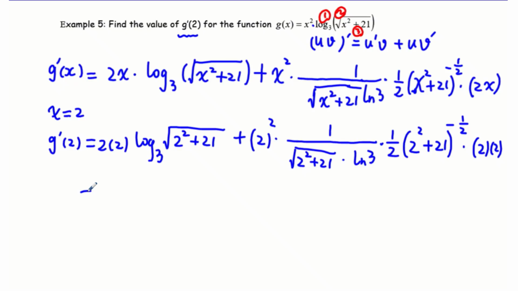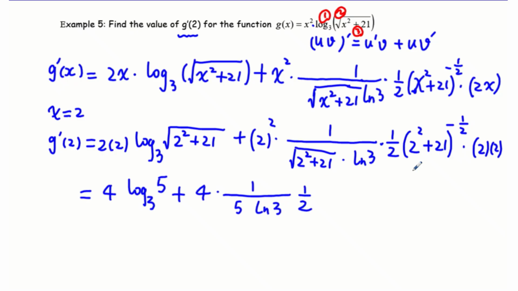Then simplify this one. 2 times 2 is 4 over log 3, 2 squared plus 21 is 25, and the square root of 25 is 5. Plus this is 4 times 1 over 5 ln 3. Then 1 over 2 will be 1 over 5, then times 4.